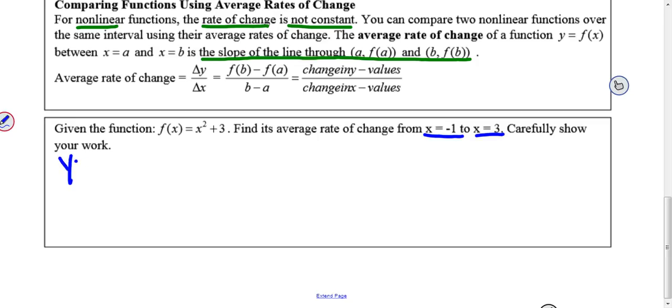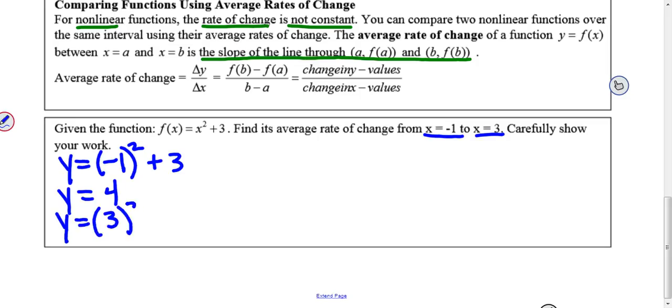I'm going to start with y equals negative 1 squared plus 3. Doing my mental math, 1 squared is 1, 1 plus 3 is 4. Then doing this again, y equals 3 squared plus 3. Well, 9 plus 3 is 12.